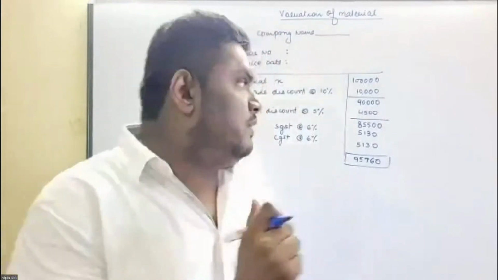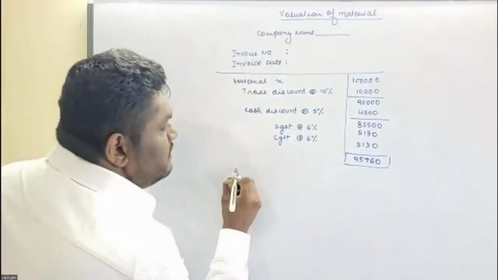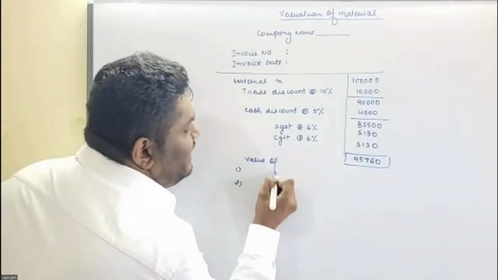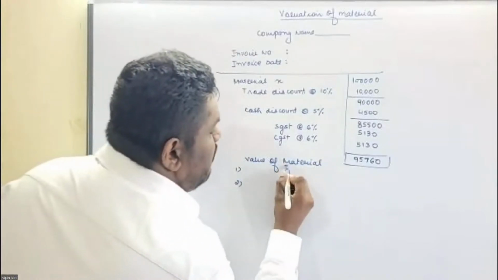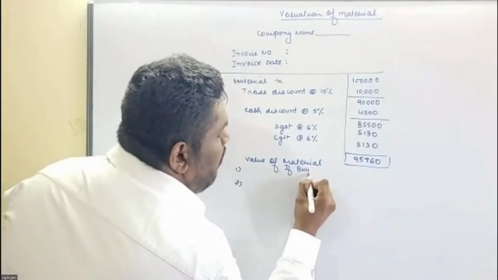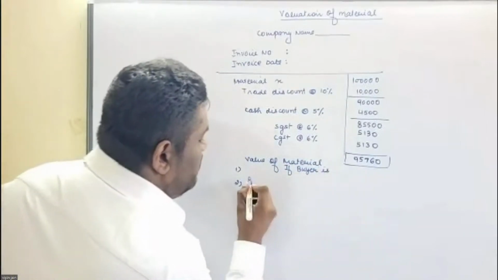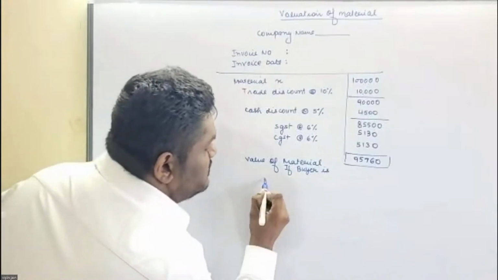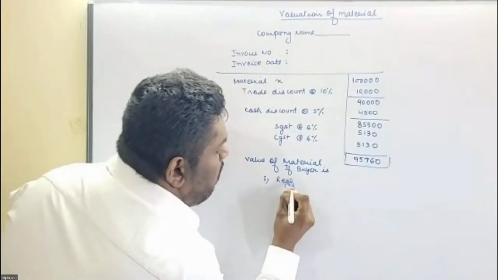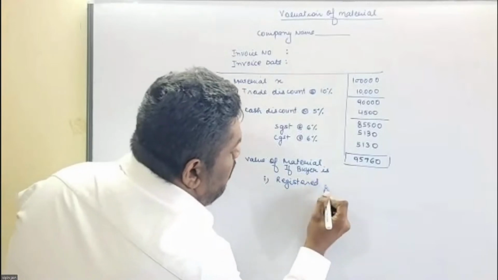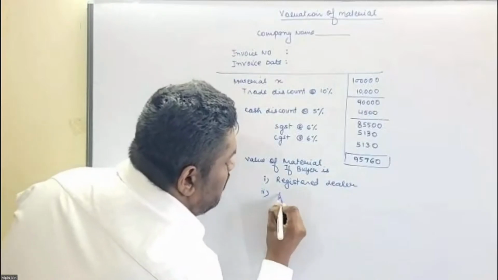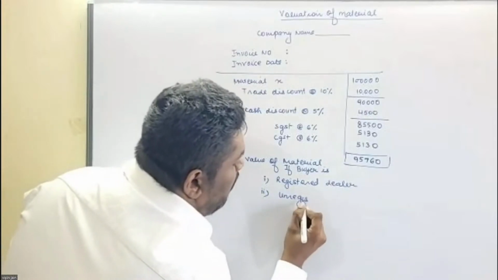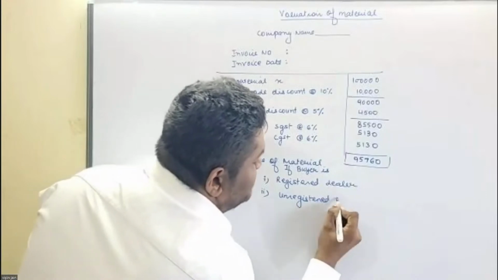Now, two questions. What will be the value of material if the buyer is first a registered dealer, and second an unregistered dealer?